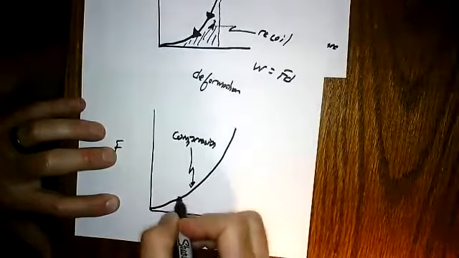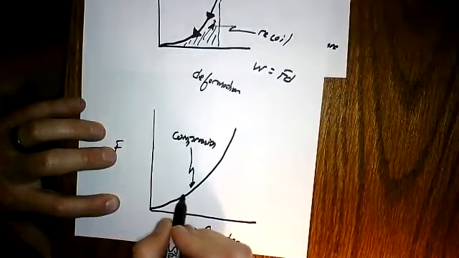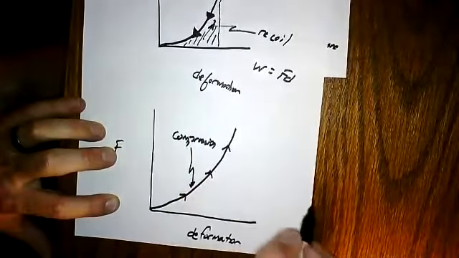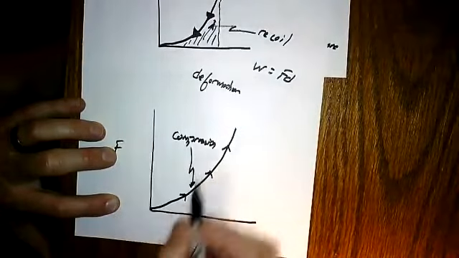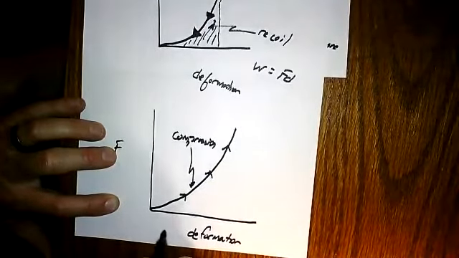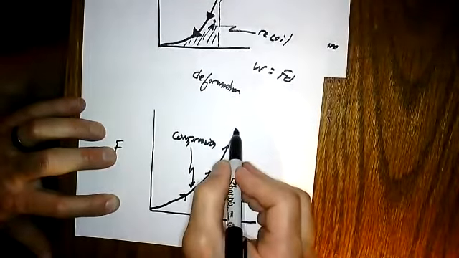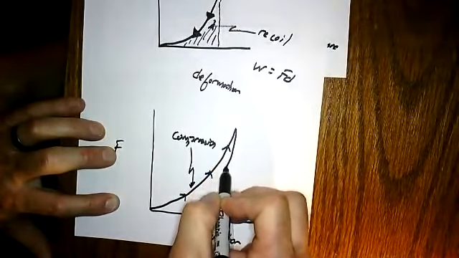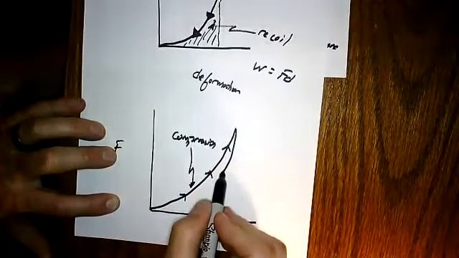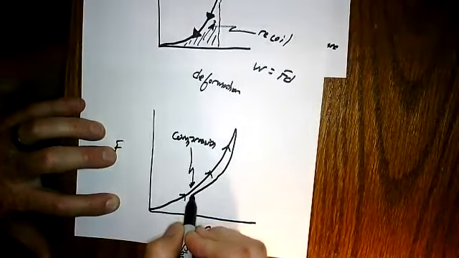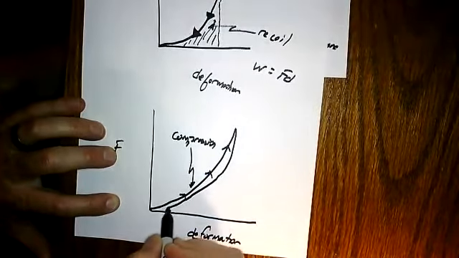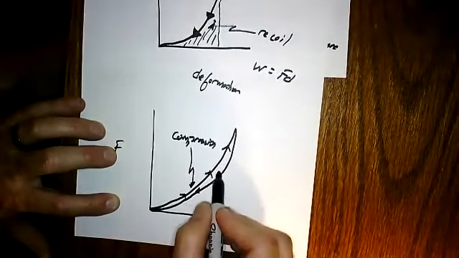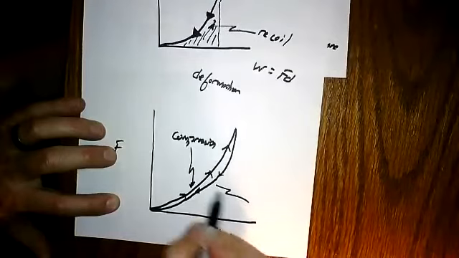And again, time is implicated on this as we're going in this direction. We're applying more and more force. We're getting more and more deformation. We reach the max deformation, and then the missile starts to move upwards and the material starts to recoil or go back to its original shape. So we get that. I'm going to put arrows here, and this is recoil.